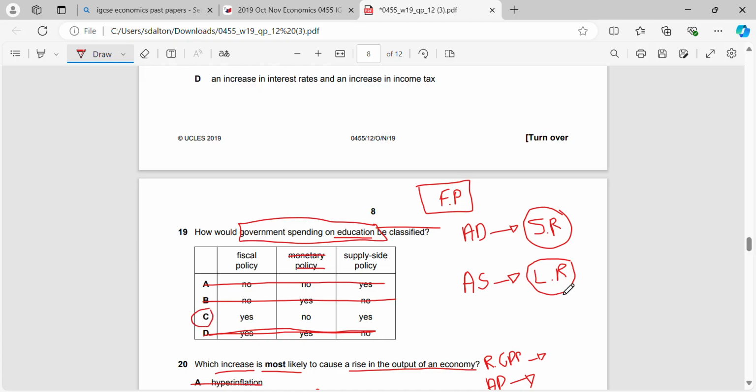But that will take a long time to take effect. So fiscal and supply side. Remember, supply side is designed to move AS to the right. Fiscal is designed to influence AD.